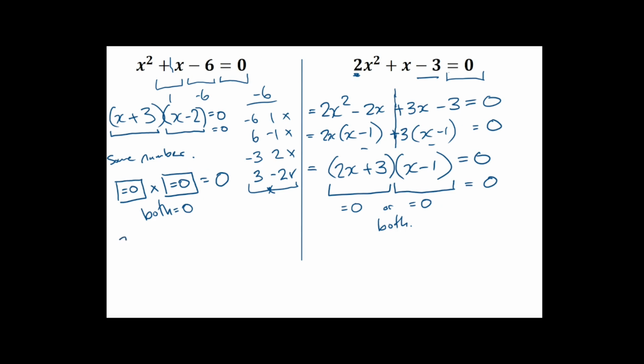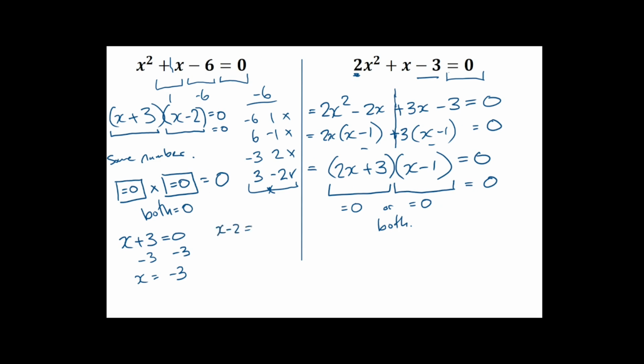And we've already done that. So I'm going to put the first bracket, set it equal to 0 and solve for x. Well, I'm going to take 3 away from both sides. So x equals -3.